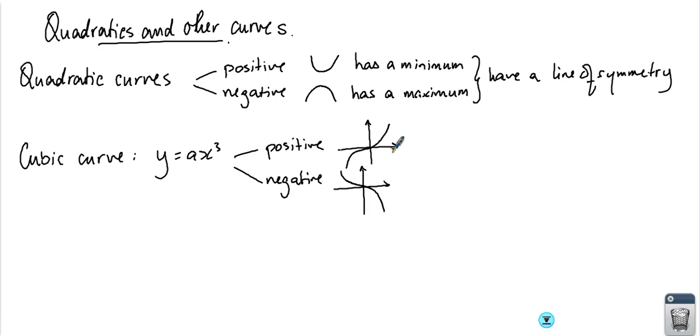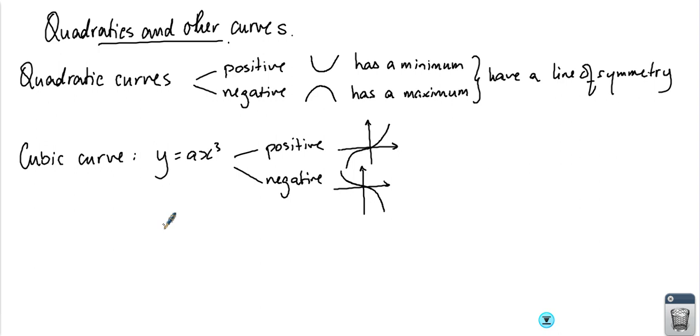If our curve has other powers, x squared, x with it, then it might meet the x-axis more than once. So it's possible for a cubic curve to meet the x-axis more than once.